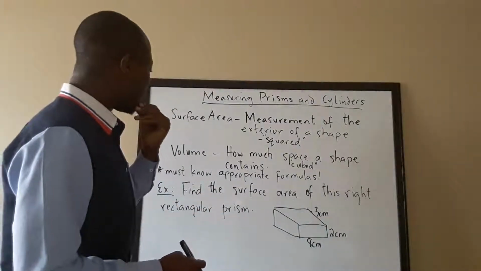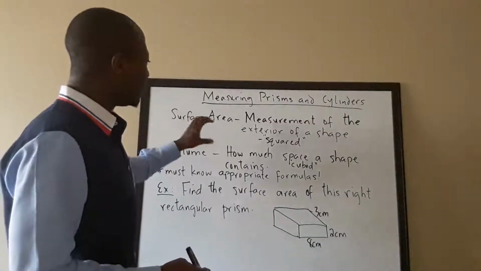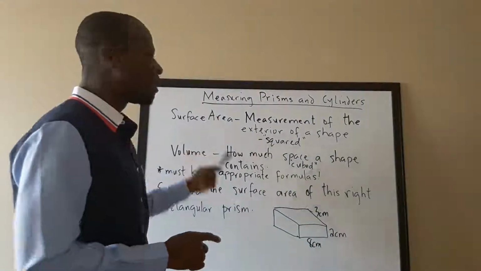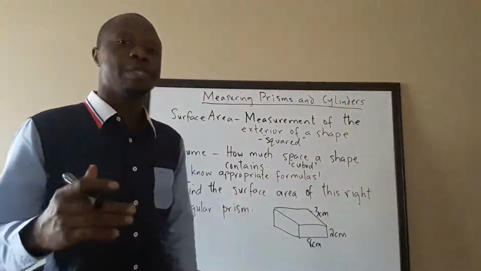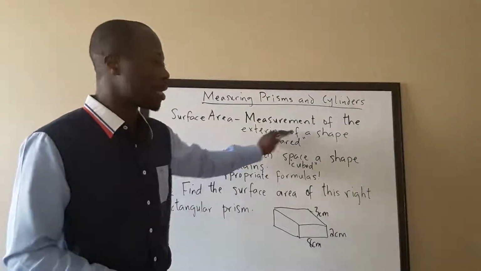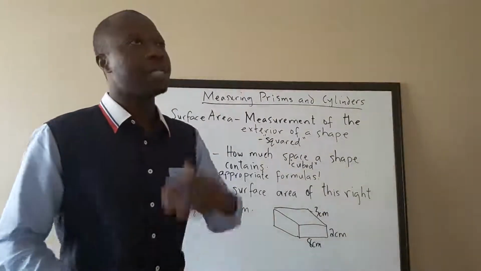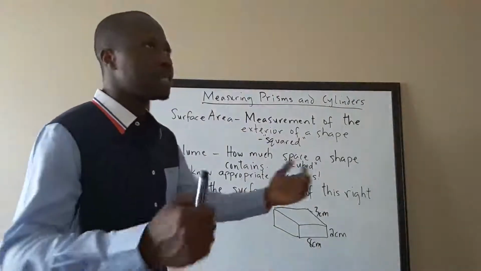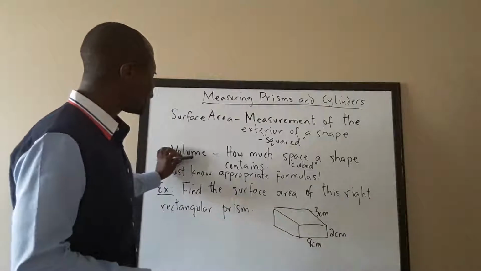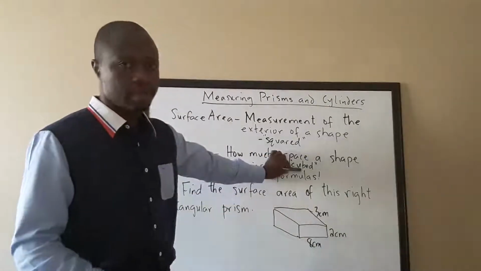Another thing we want to talk about here is that whenever they're talking about surface area, let's say you're doing your unit in centimeters, you always have to do squared. For example, centimeter squared, meter squared, and so on. But when they're talking about volume, you have to do cubed.